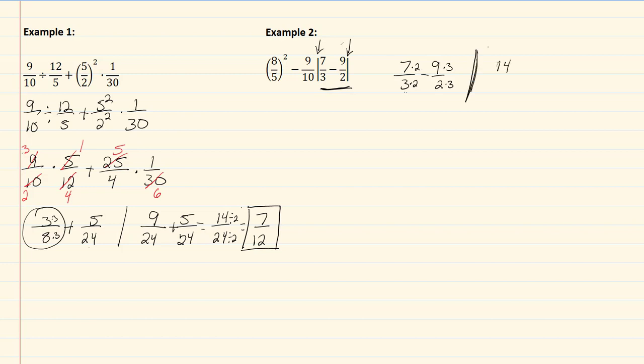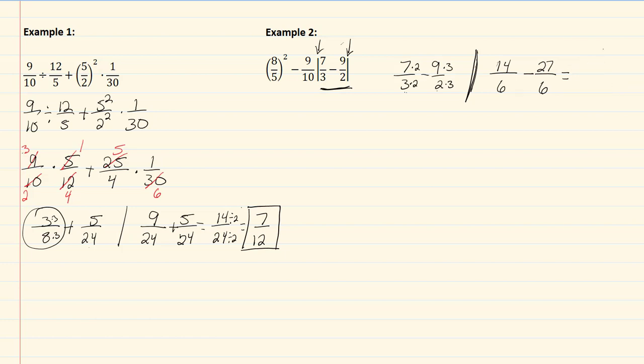This line I'm drawing here is just a separation mark. And then 3 times 2 would be 6, minus 9 times 3, which would be 27, and 2 times 3, which would be 6. So I have 14 minus 27, which is going to give me 13, and it'll be negative.